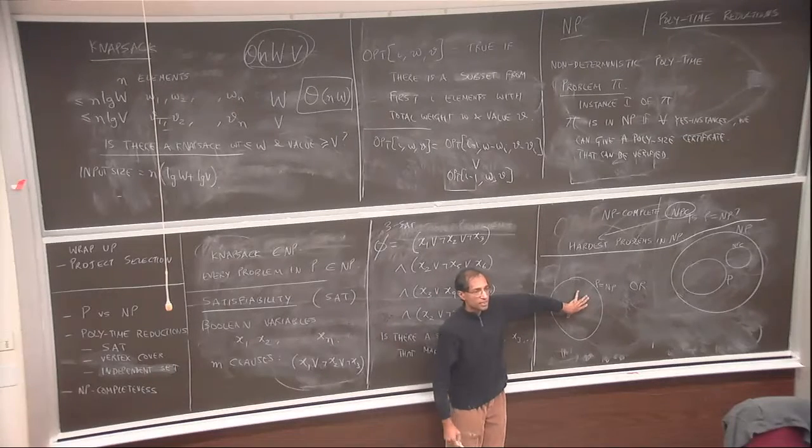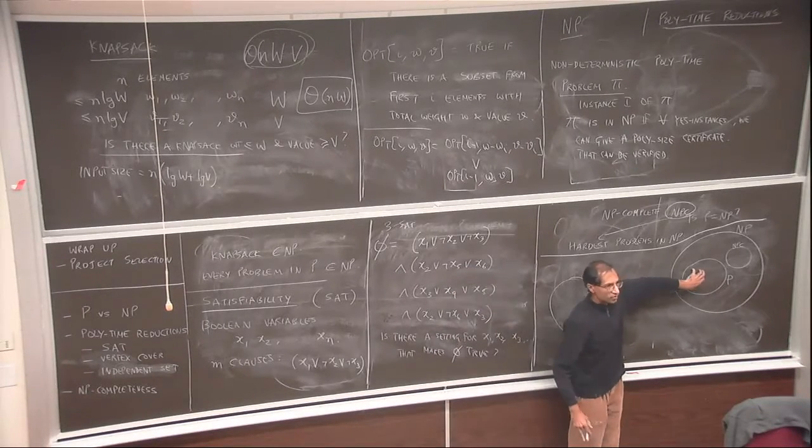Either P and NP are exactly the same, in which case there is no problem that is in NP but not in P. Every problem is. Or the picture looks like this.